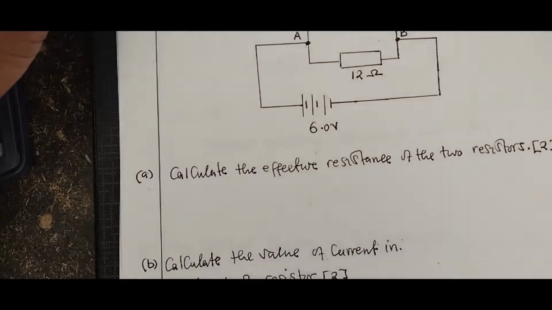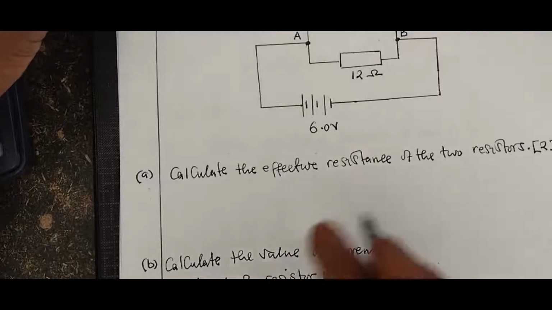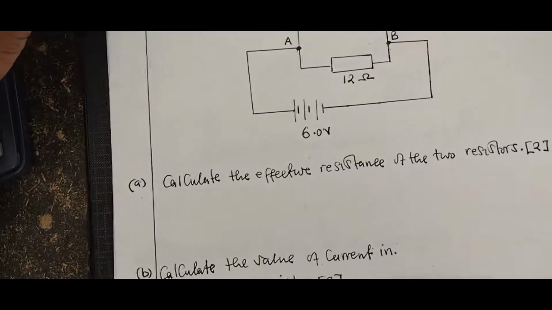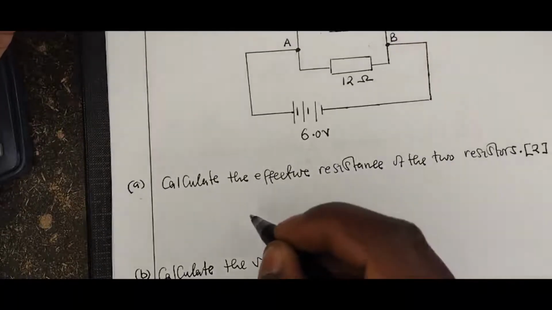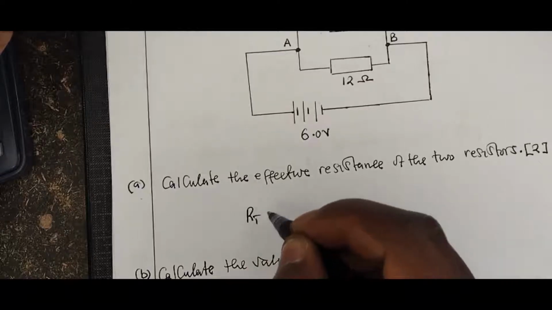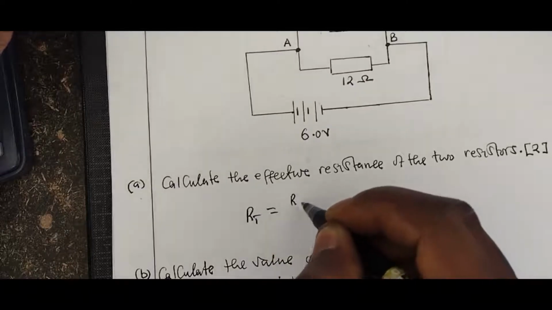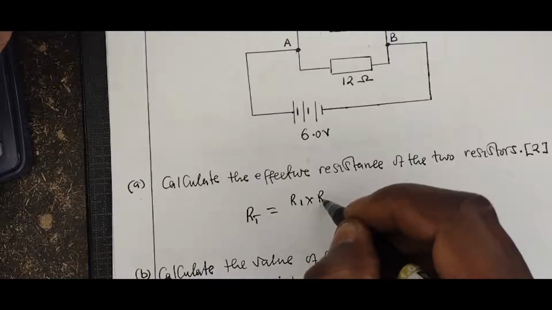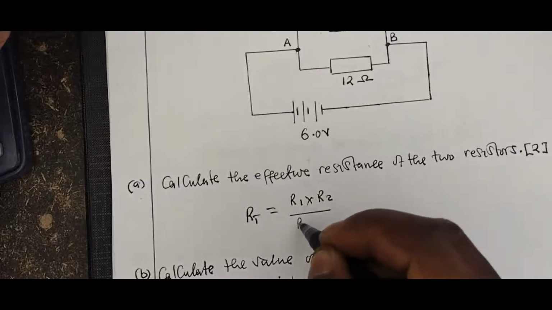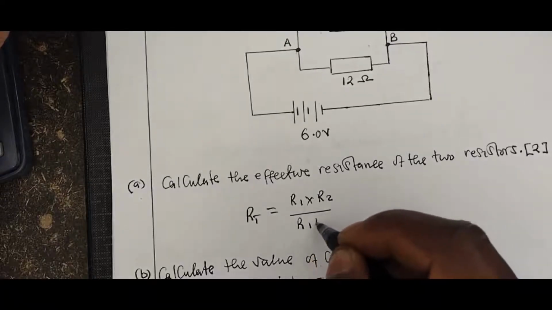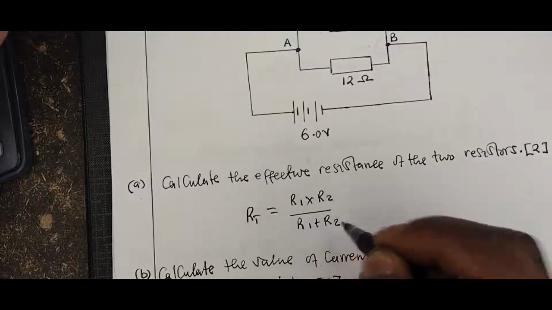If you have two resistors that are in parallel, this is the formula that you apply. Total resistance is equal to resistor 1 multiplied by resistor 2, divided by resistor 1 plus resistor 2.